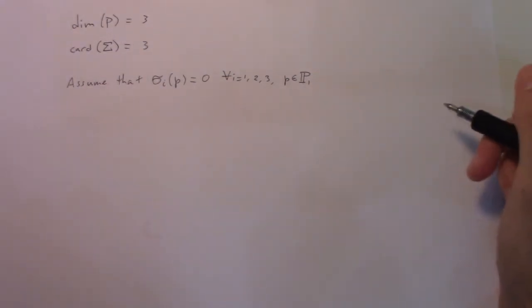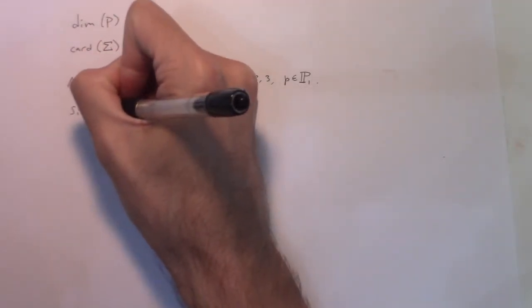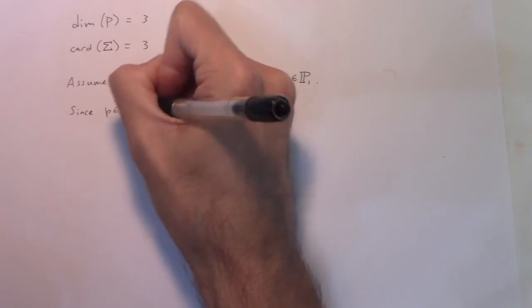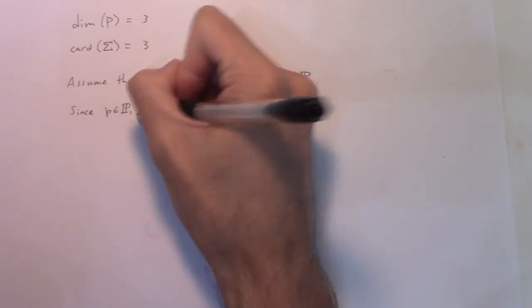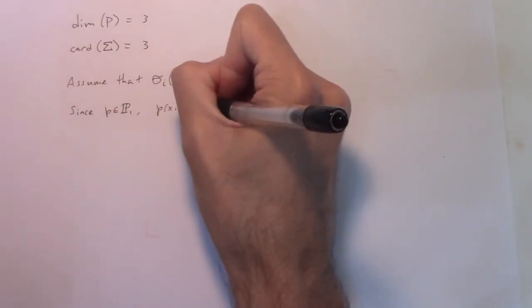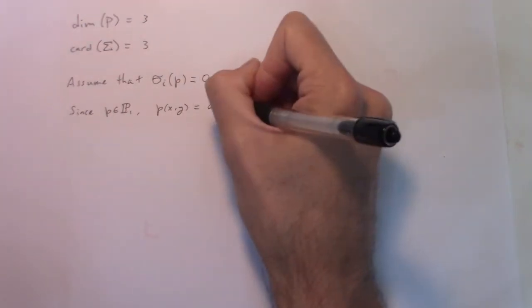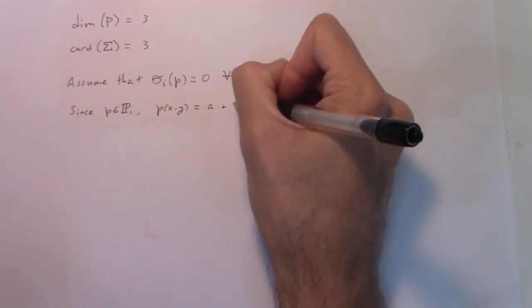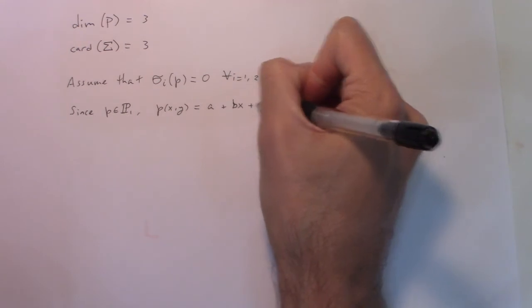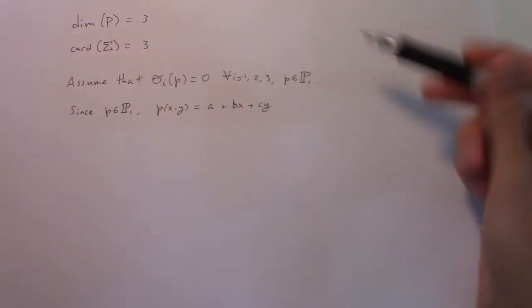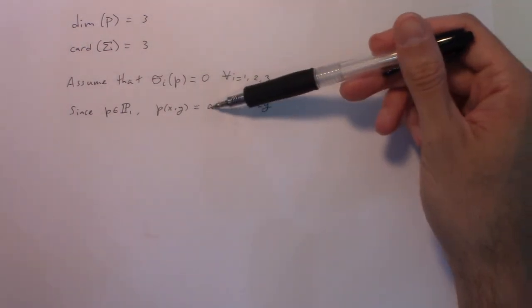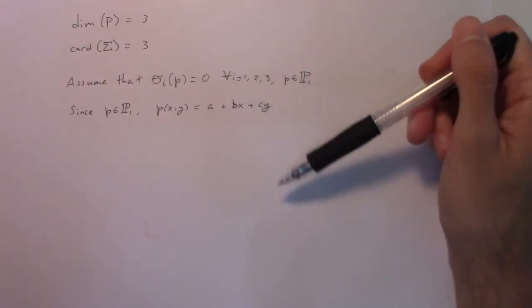So what does this mean? Since P is in P1, we can write that polynomial in some explicit way. P is going to be some constant A plus Bx plus Cy.